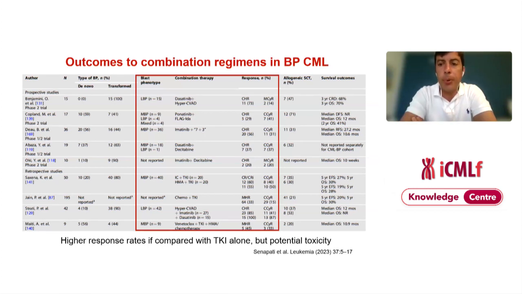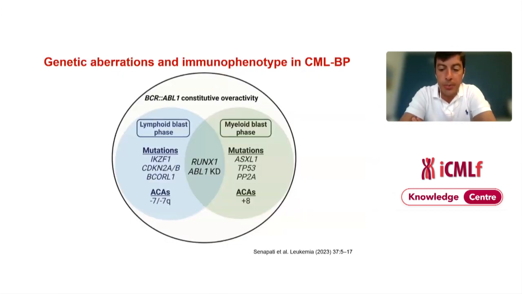It is very important to describe the immunophenotype of blast cells in patients who progress to blast phase. We may have patients with lymphoid phenotype and patients with myeloid phenotype.